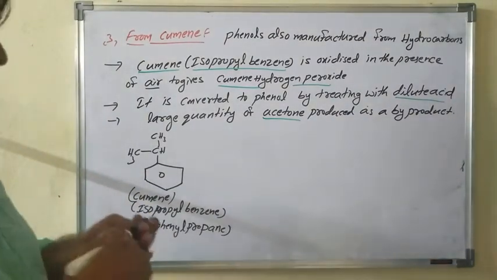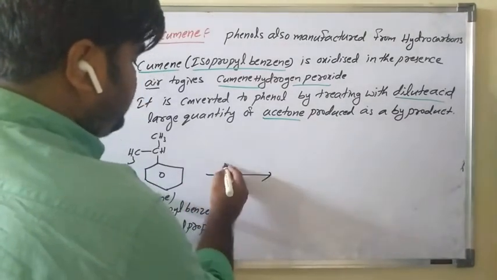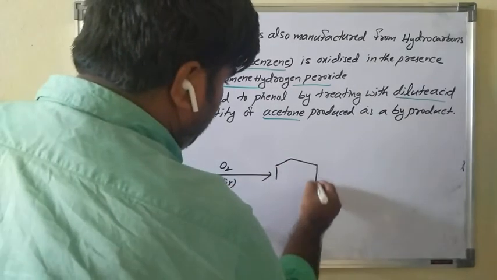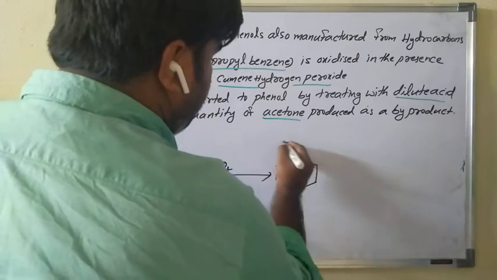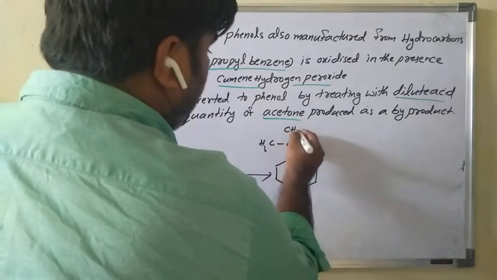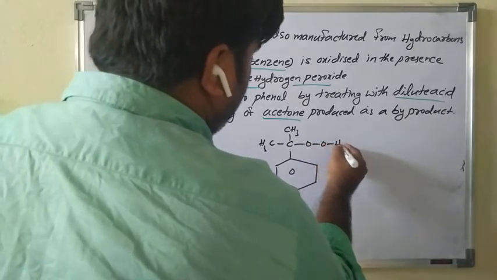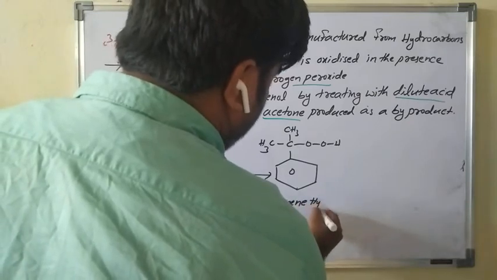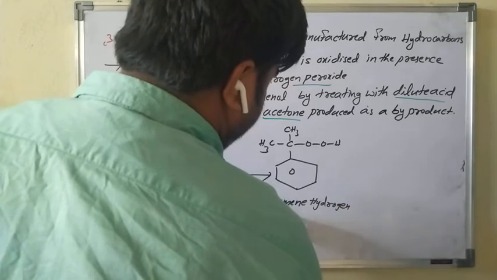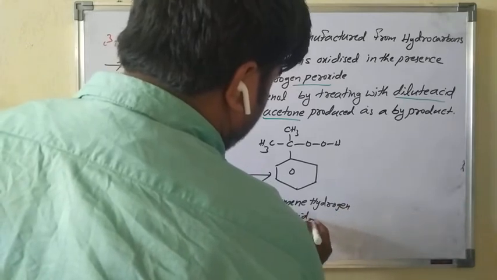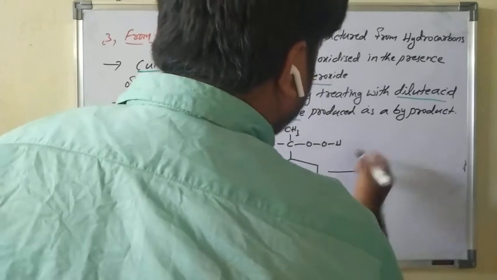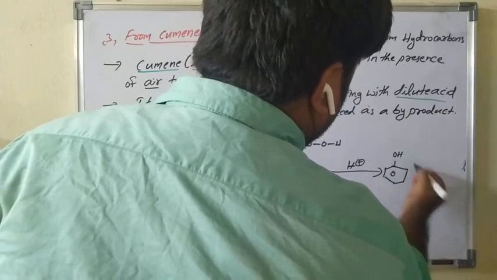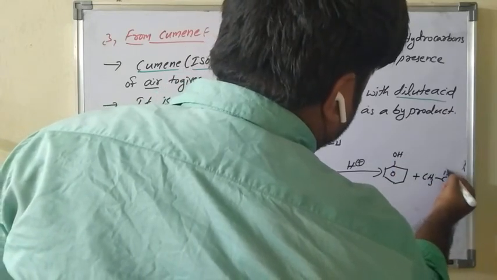See, cumene is oxidized in the presence of air to convert it to cumene hydrogen peroxide. Cumene hydrogen peroxide, by acidification, acidic medium, gives phenol and acetone, CH3 CO CH3.